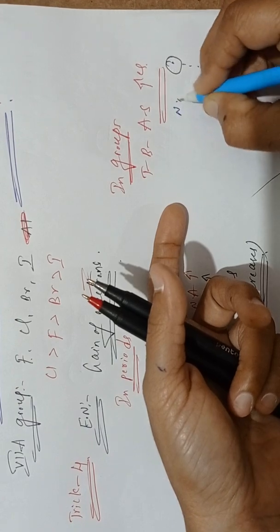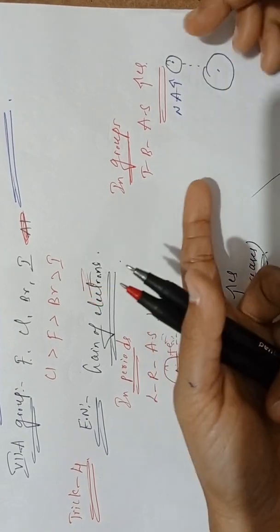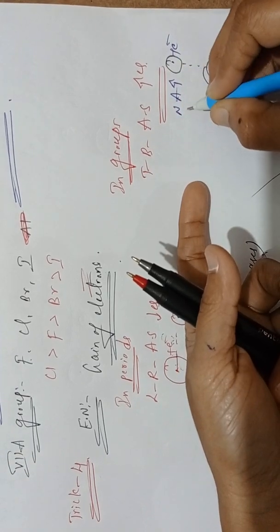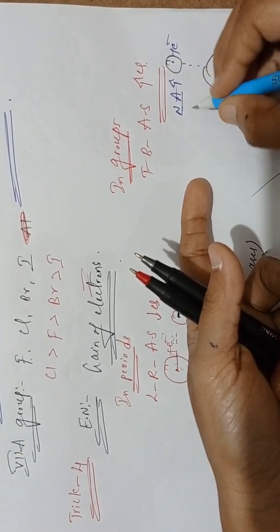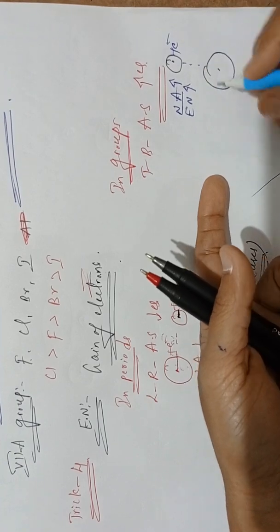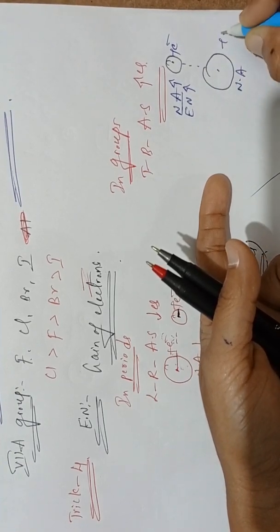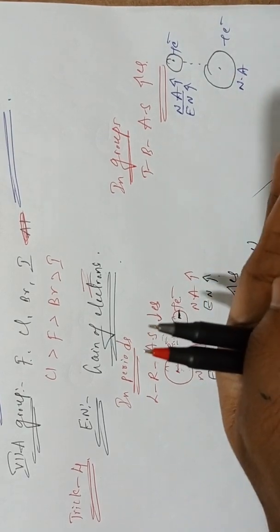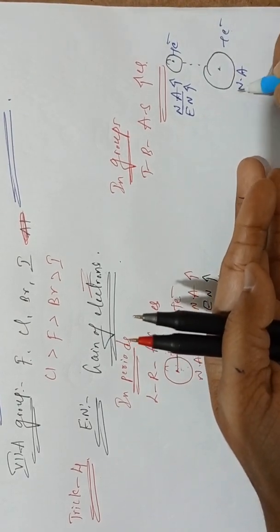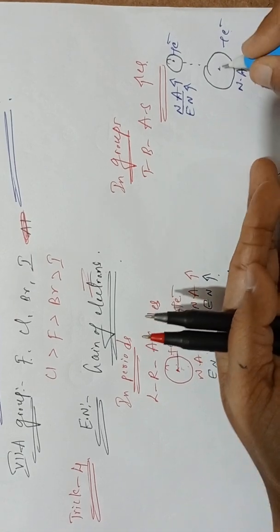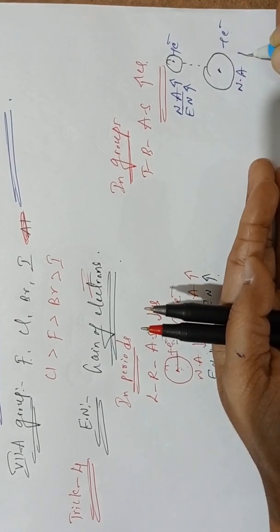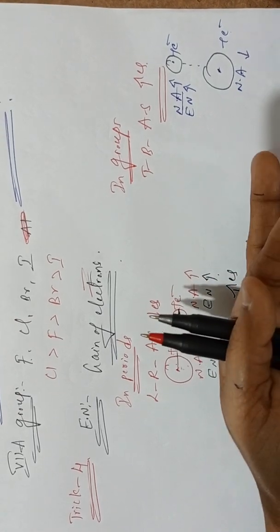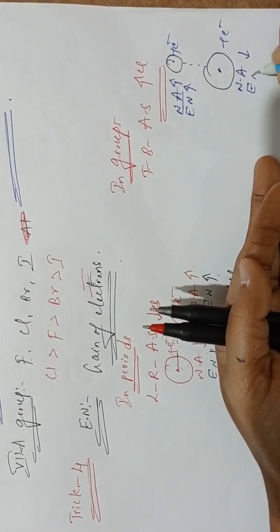Here nuclear attraction is more, so it is ready to accept electrons, and electronegativity is more. Further down, nuclear attraction is less, so it is not ready to accept an electron, and electronegativity is less.